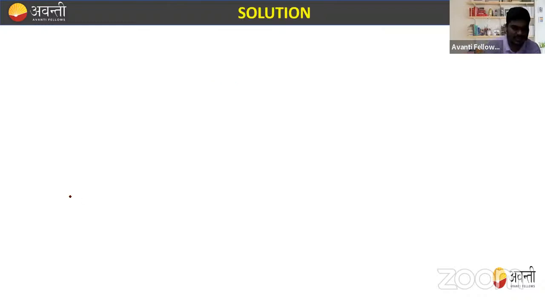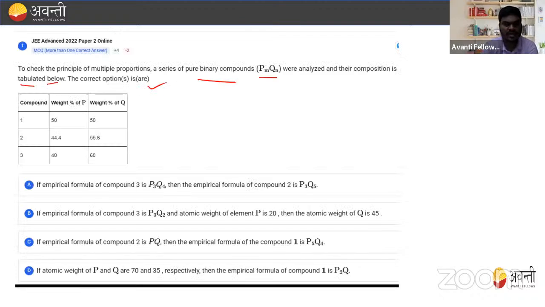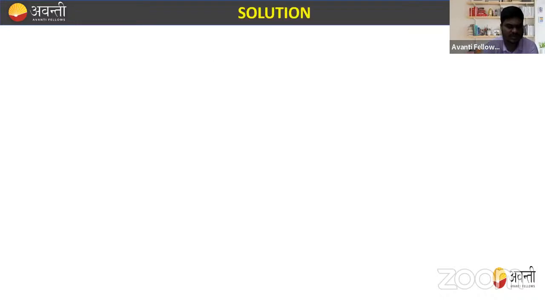We know that it is already given as 44 and 55.6, 40 and 60, right? So how will you solve this? Let us do this question by the option elimination method. I'm going to discuss this option and you find which option is correct.